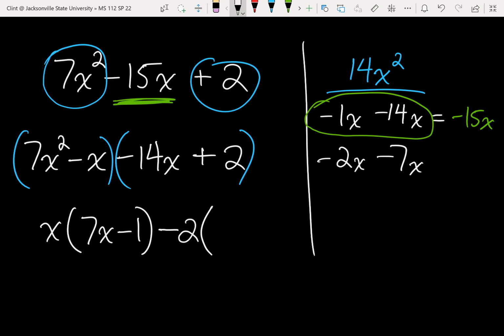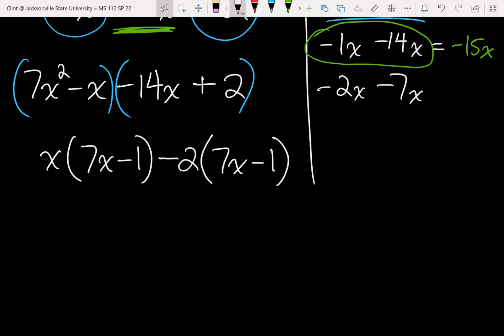Factor out negative 2. So we'll leave us with 7x minus 1. Negative 2 times negative 1 will give us the plus 2. And we're just rewriting in the correct form. So 7x minus 1 times.